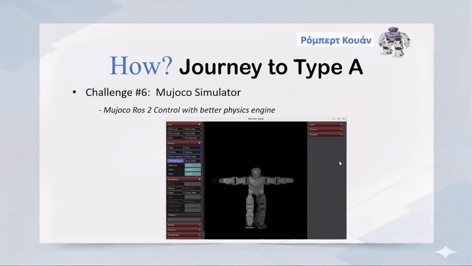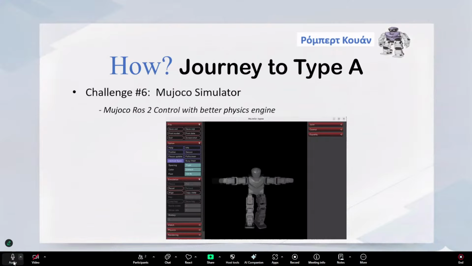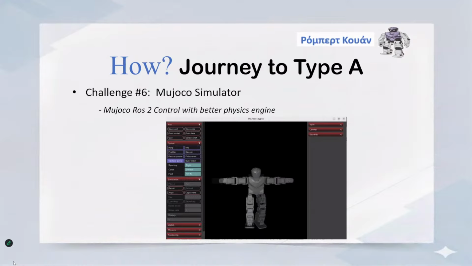Therefore, another suggestion came from Girish, which is to try the MuJoCo simulator. And so I started to look into it. MuJoCo was a small company before they focused on simulation, but they got acquired by Google DeepMind, and it seems very powerful. It looks very nice and very sophisticated.